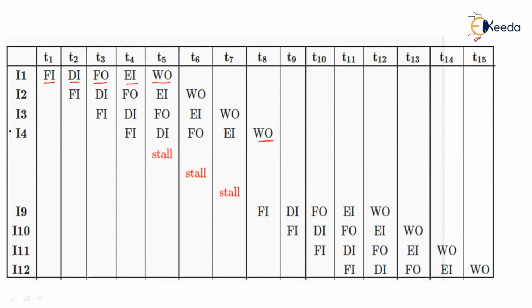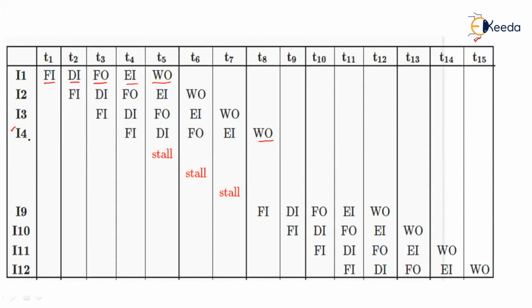But I4 is a branch instruction. As it is a branch instruction, the branch condition needs to be evaluated. Unless the condition gets evaluated, the next instruction cannot be fetched.